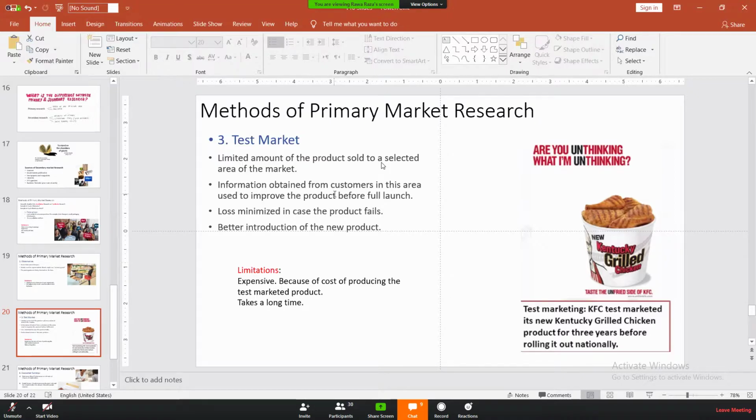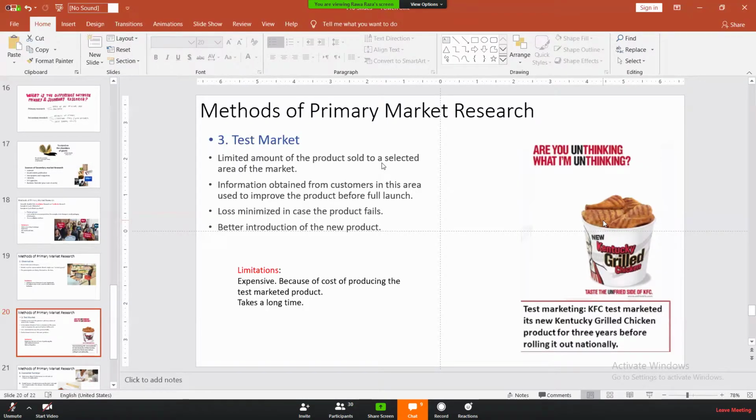Okay, so why do this? Basically, because you limit the risk of failure. Remember, if this new product failed when it was launched on a full scale, the loss for KFC would be a lot of money, right? Because you made all this chicken and you sold it in all these restaurants and it failed. So it's a lot of money.